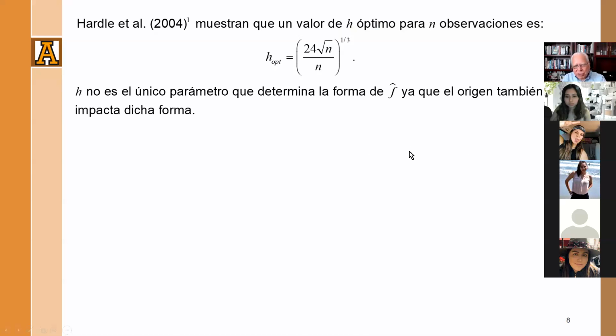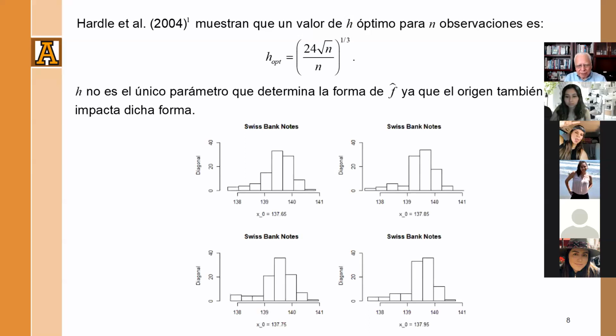I also mentioned that the point where you start the histogram also has an impact on the shape. Here are 4 examples of the same data set, the Swiss bank notes, where you start at different values of x naught.